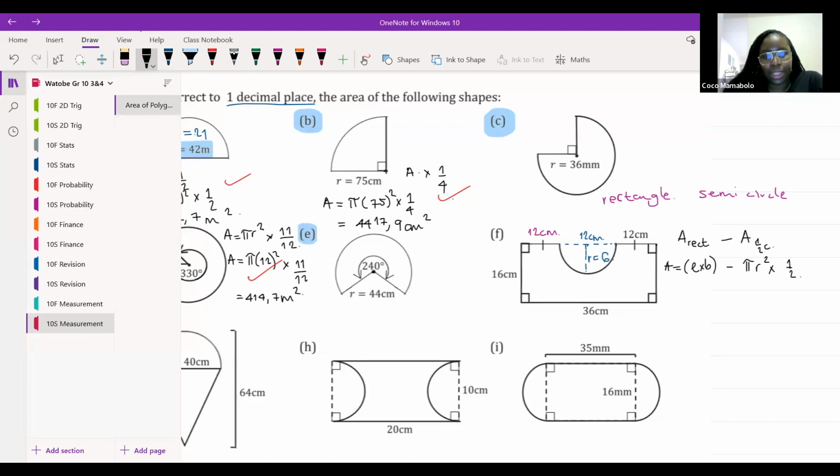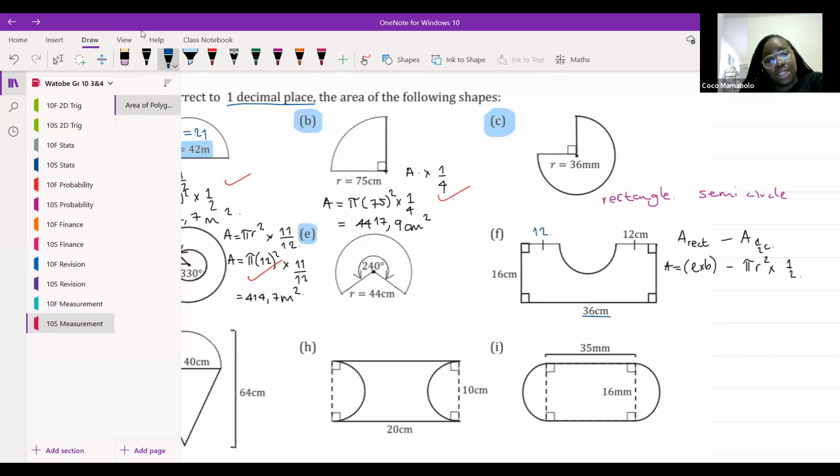Excuse me. Funzo says, ma'am, where did you get the radius of 6? All right, Funzo, let's think about this. In the drawing, we know that we have a length of 36 centimeters, which means because it's a rectangle, this side is also 36 centimeters, right? Now they tell us that this portion, from here to here, is 12 centimeters. But they also give us these two lines, and we know that those two lines mean that the lengths of those two things are equal to each other.